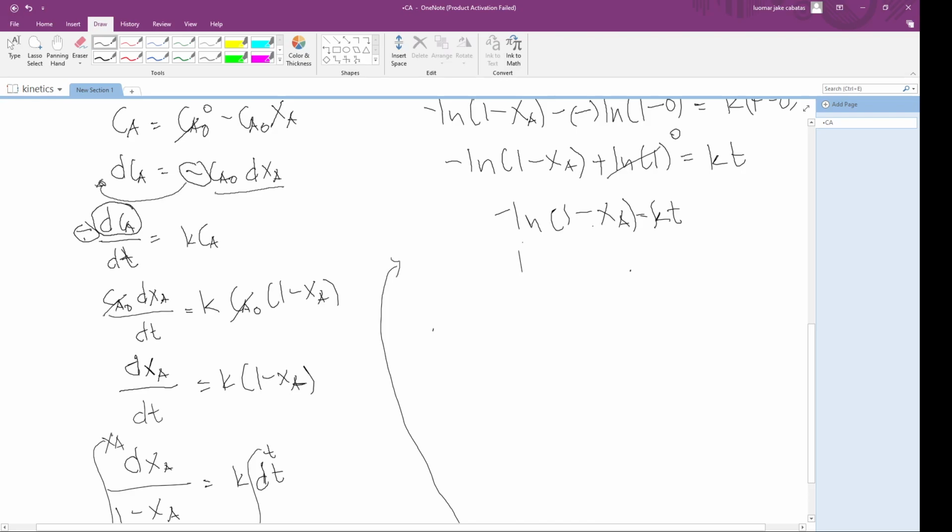So ln of 1 minus XA is equals to negative kt. Applying the property of ln, 1 minus XA is equals to e raised to negative kt. Transposing variables, XA is equals to 1 minus e raised to negative kt.